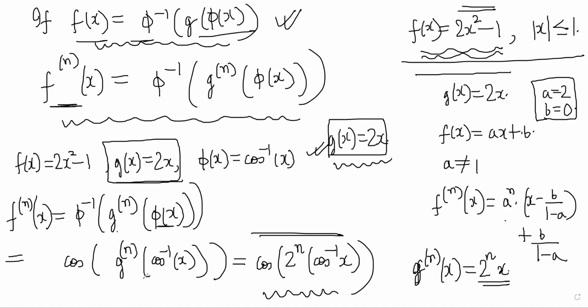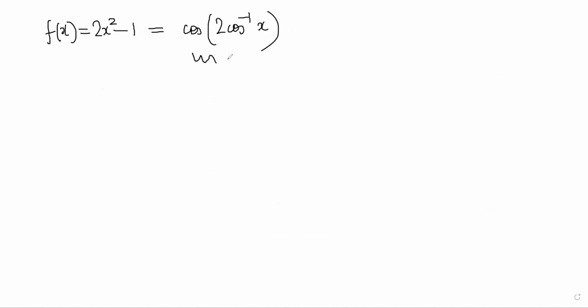Now, as an aside, you should notice that f of x was 2x squared minus 1, which was equal to cos of 2 cos inverse x, right? So notice that this was a polynomial of degree 2.